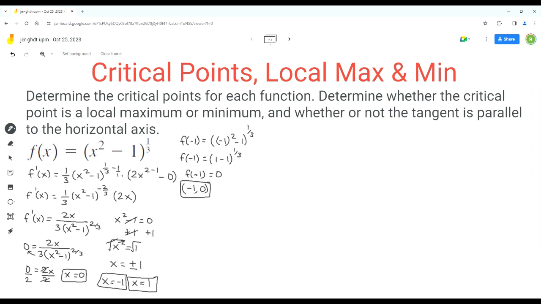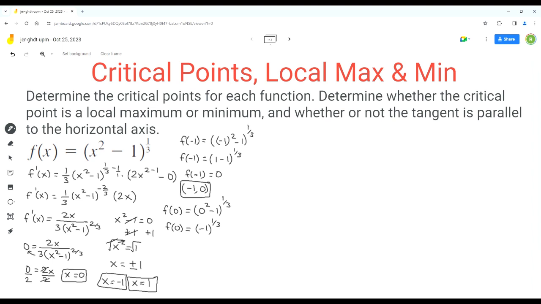Now we can find the second critical point. So we can sub in x as 0. So f at 0 will be equal to 0 square minus 1 exponent 1 over 3. So f at 0 equals, so 0 square is 0 and 0 minus 1 is -1 exponent 1 over 3.